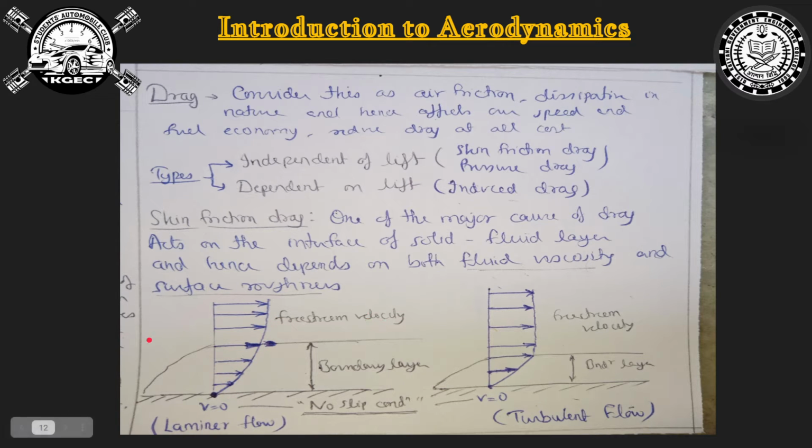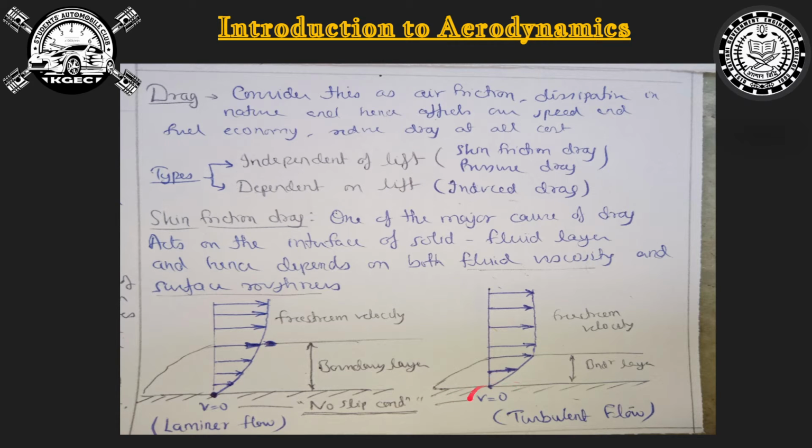What happens if the velocity of the free stream air increases, or there is roughness, or the surface is very long? In that case, the laminar flow gets converted to turbulent flow, and in turbulent flow there is mixing of air. The high velocity airstream gets mixed into the lower region also.